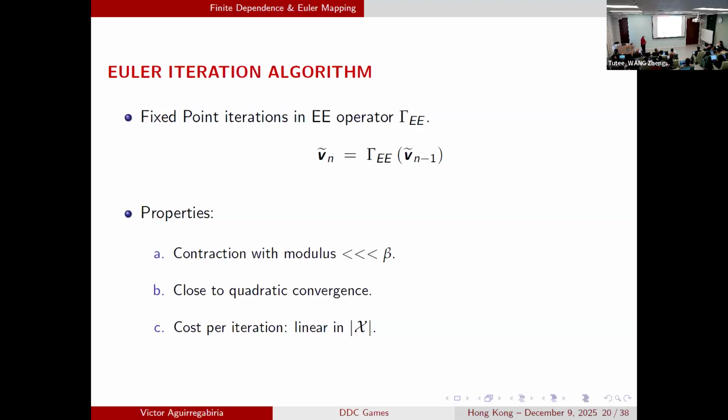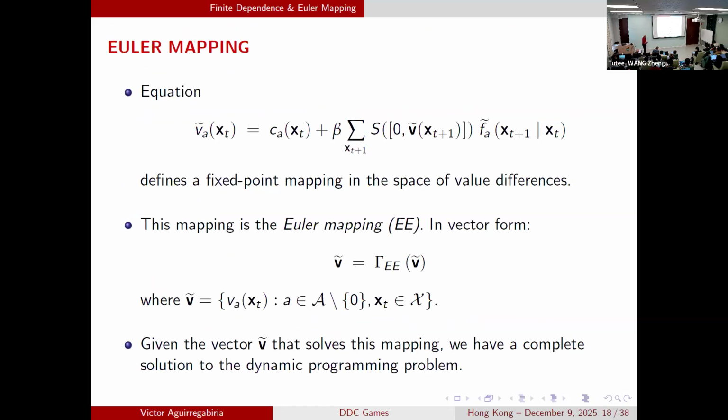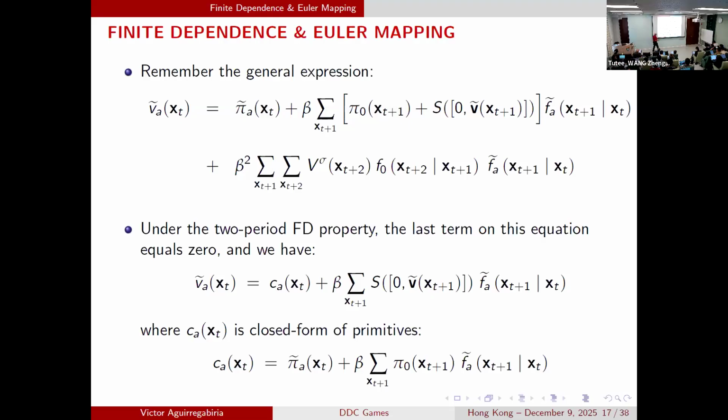What is the Euler iteration algorithm? It is just fixed point iteration in this Euler equation mapping. Very simple. In the logit model you have this expression with the log of the sum of the exponential: you plug in some values, obtain new values, and so on.